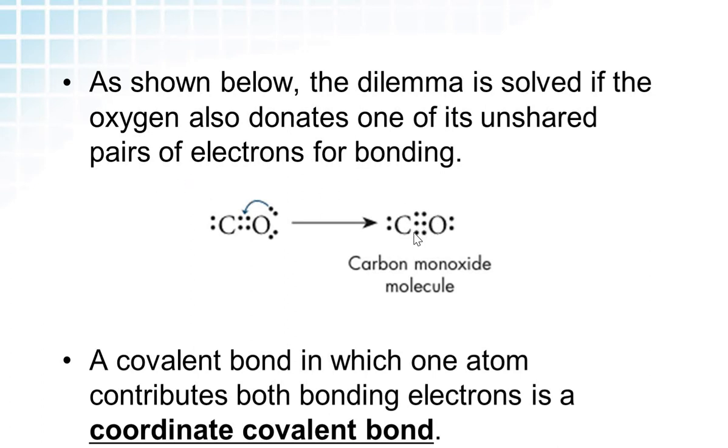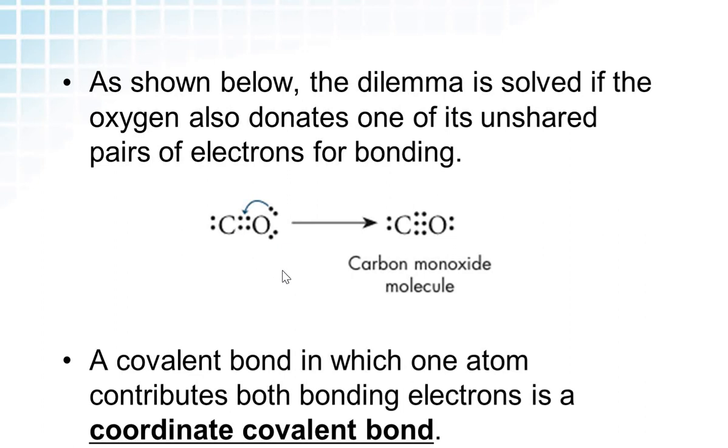So we have here 1, 2, 3 lone pairs of electrons shared. And how many unshared? 1 pair of electrons and 2 pairs of electrons. So a coordinate covalent bond is a covalent bond in which one atom contributes both bonding electrons, because here oxygen is sharing 2 lone pairs and carbon shared only 1 pair of electrons.